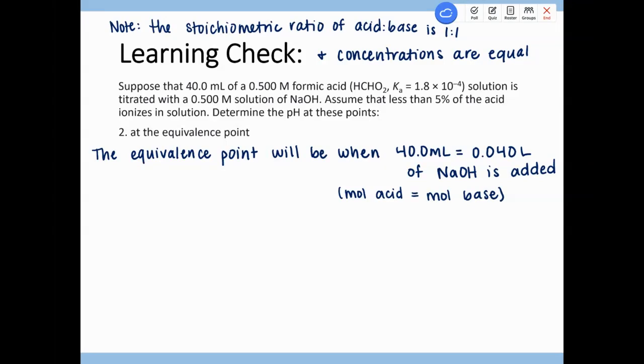At this point, the moles of the acid in solution equals the moles of the base in solution, again because we have the same concentrations for both solutions. So this also means that at the equivalence point, the total volume is the 40 milliliters from the original solution plus the 40 milliliters of the base titrant solution.